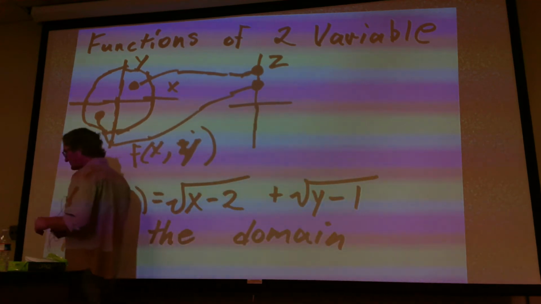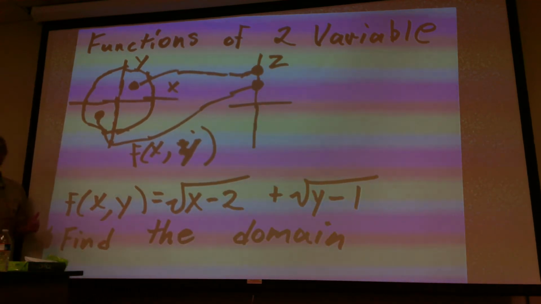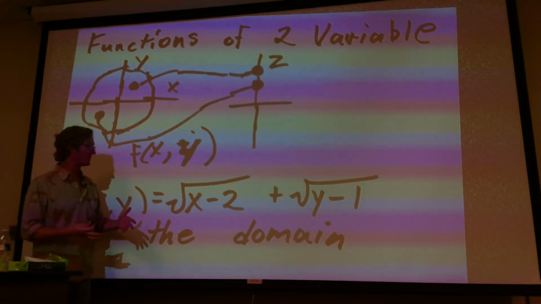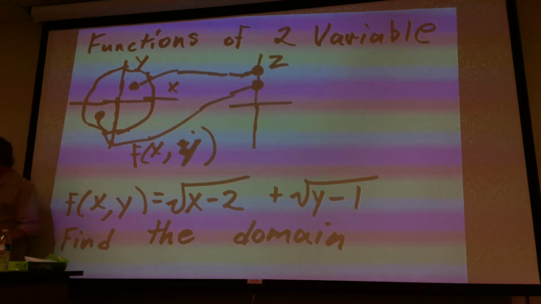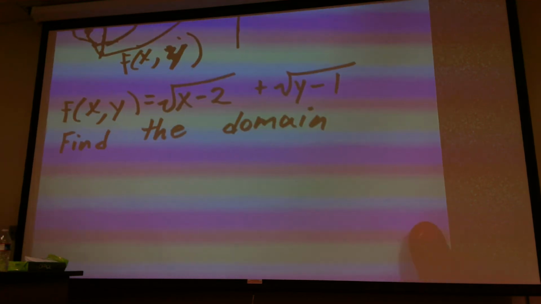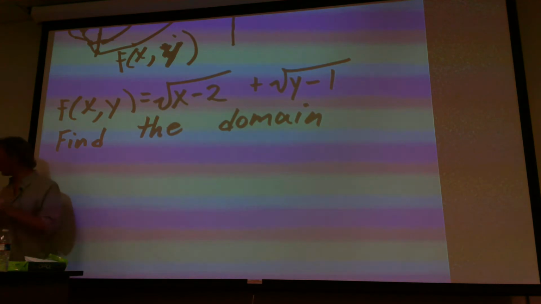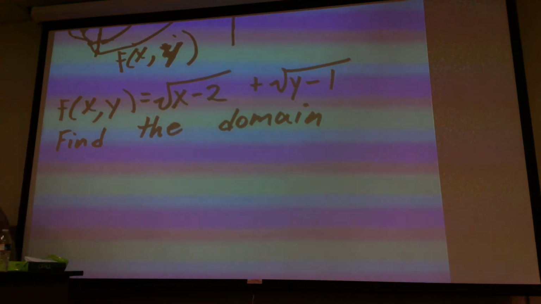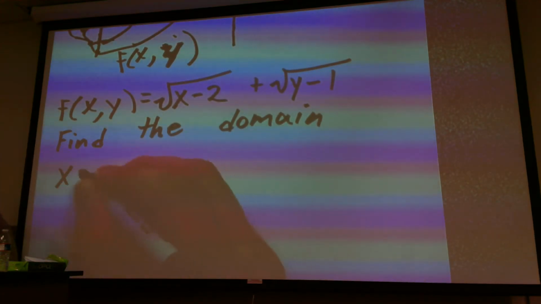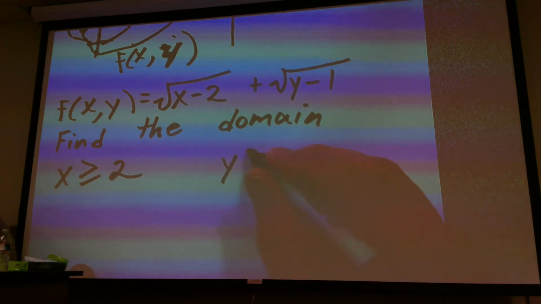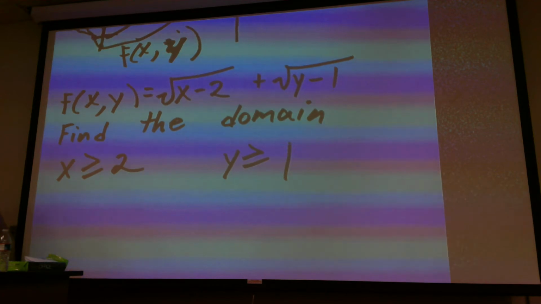So since I don't want to deal with complex numbers, I can't have either of these square roots being negative. So what does that tell me about the domain of this function of two variables? Well, that means that x is going to have to be greater than or equal to 2, and y is going to have to be greater than or equal to 1.